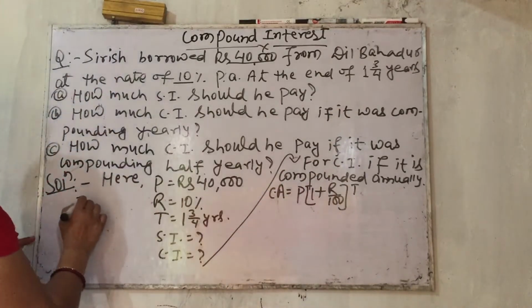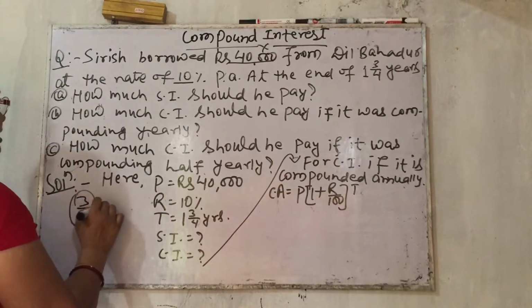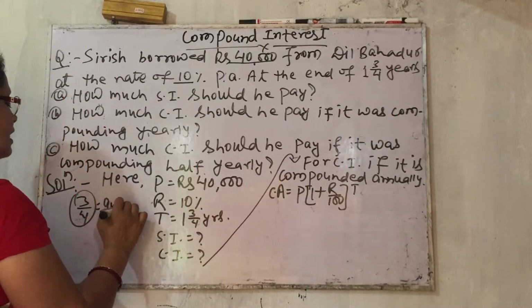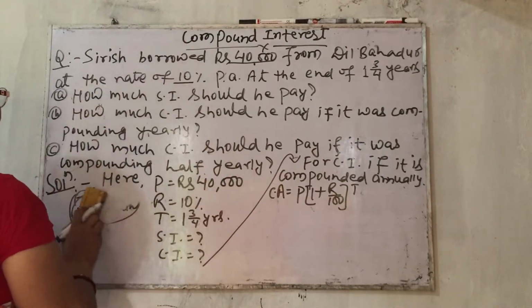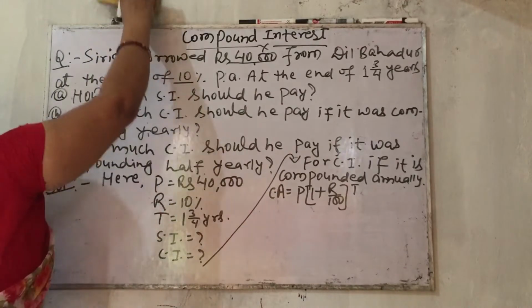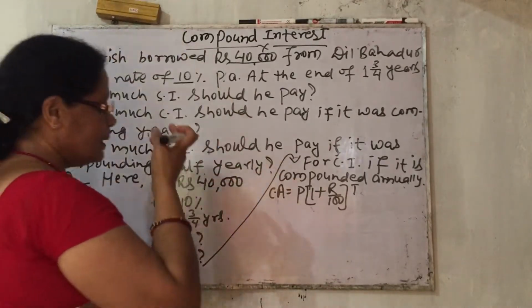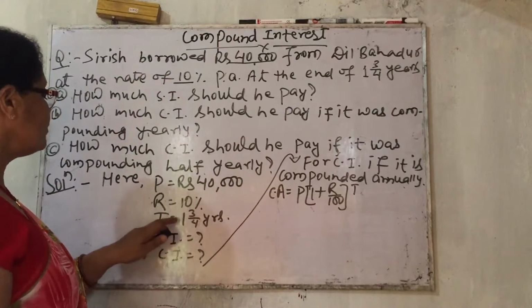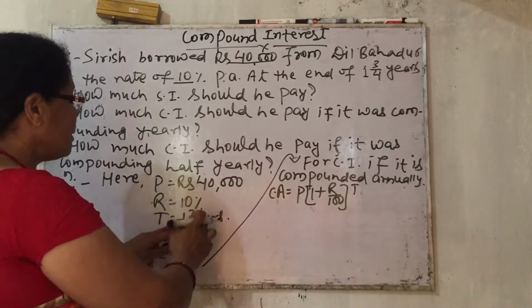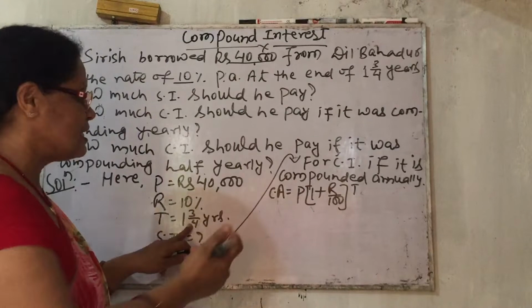Listen one thing. 3 by 4 means it is 9 months. So here we can write down 3 by 4 means 9 months, equal to 1 year and 9 months. That means 1 year and 3 by 4 means it is 9 months.